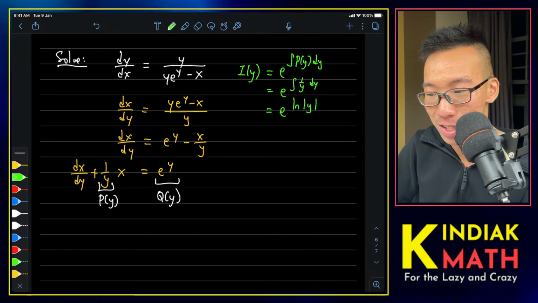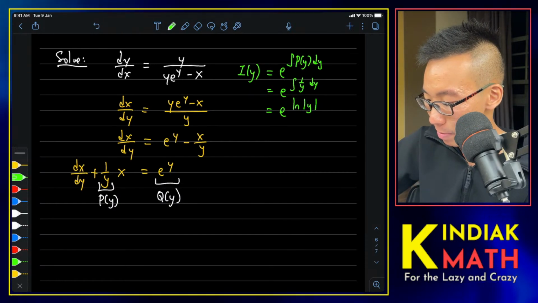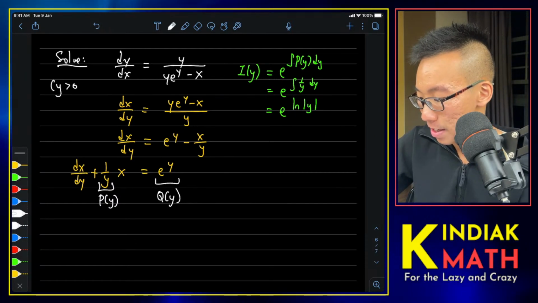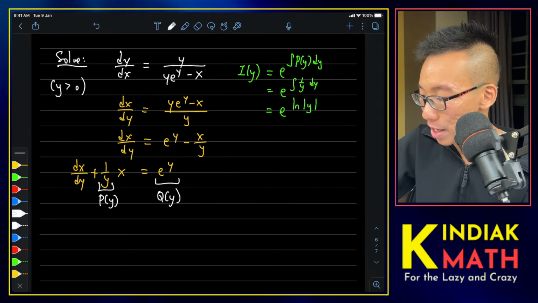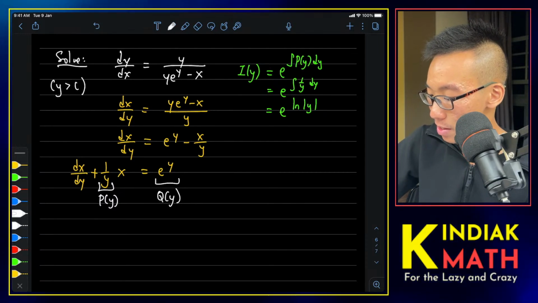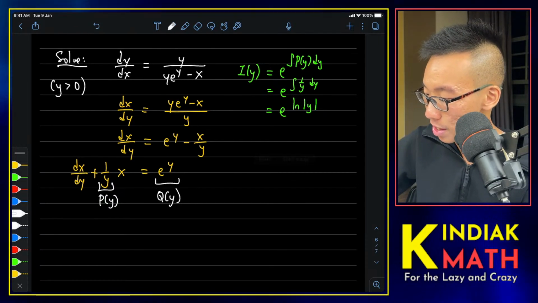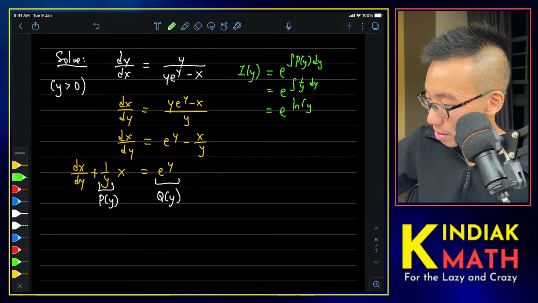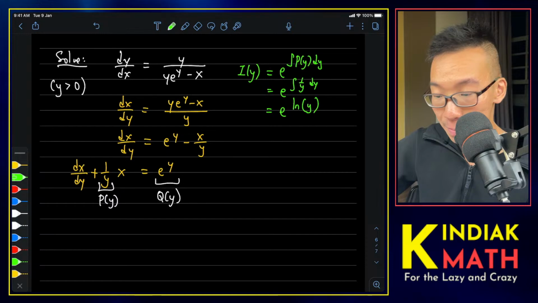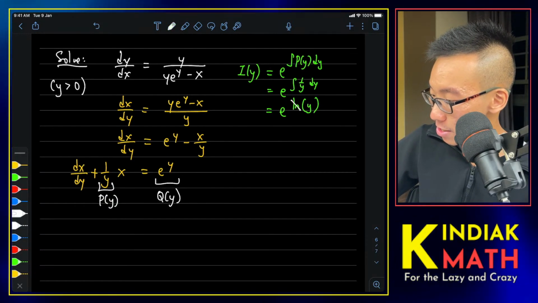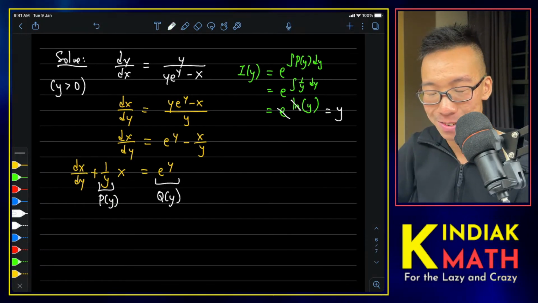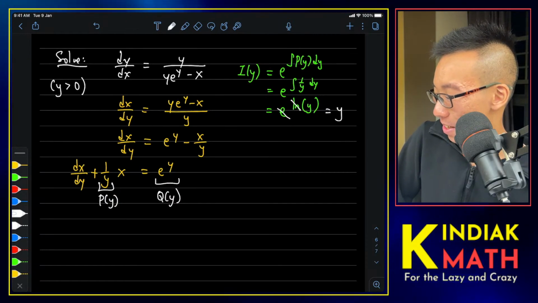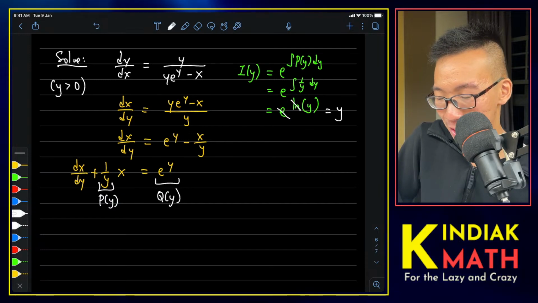You always need to have your modulus symbols unless the question specifies a particular value of y. In this case, y is positive, and that means we are pretty safe. Our calculation works. We can remove the modulus symbols. What that means is that the exponential and the logarithm terms cancel out, and we're left with y. This is from eMath 1.